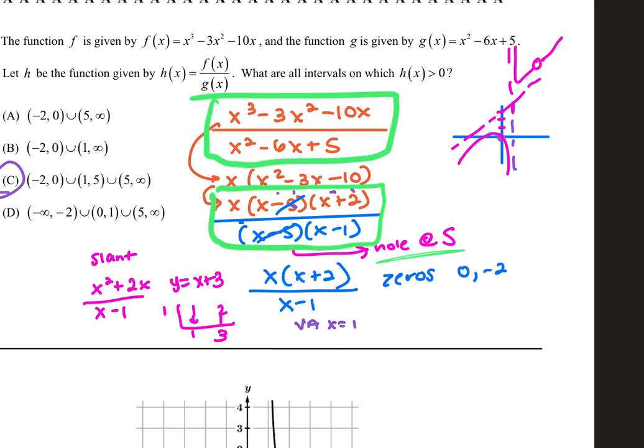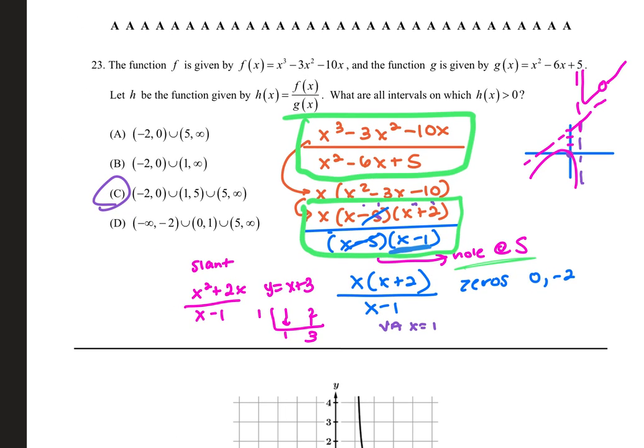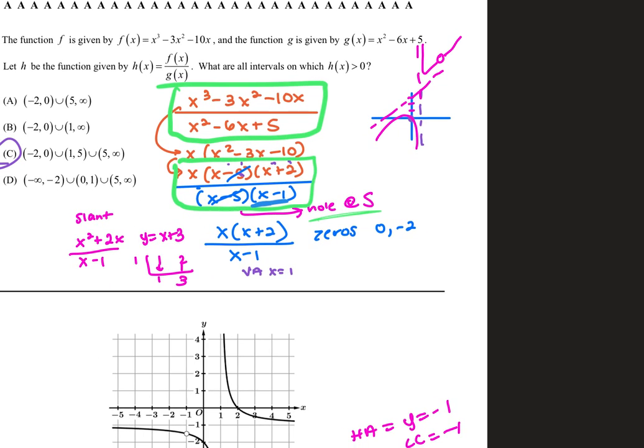There is still a vertical asymptote at x equals 1. So if I needed to know that, I would know that. And in this case my remaining function was x times x plus 2 over x minus 1. If I distributed the top, I would have gotten x squared plus 2x over x minus 1. And because the exponent is 1 more than the bottom, it means there's slant, right?